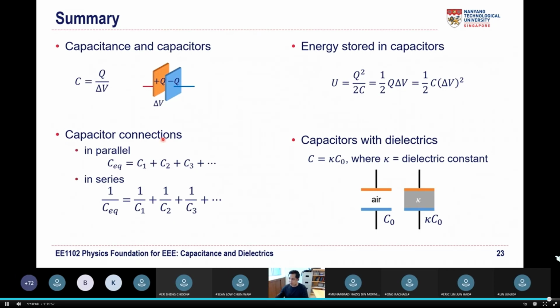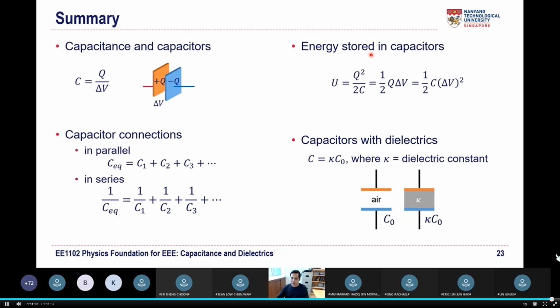You apply voltage across it, and it will accumulate some charge on these two plates. When capacitors are connected in parallel, you simply add them together. If they are connected in series, you take the inverse and add them together, and that will give you the inverse of the equivalent capacitance.